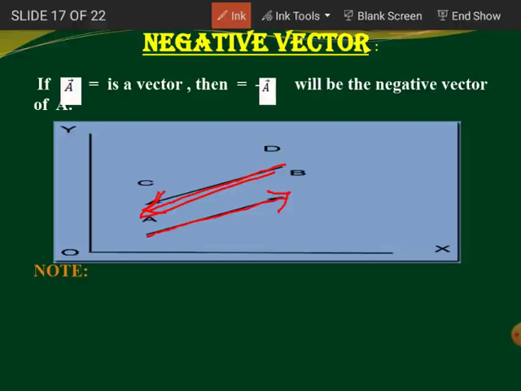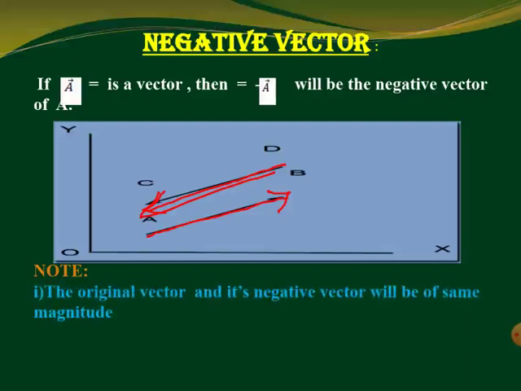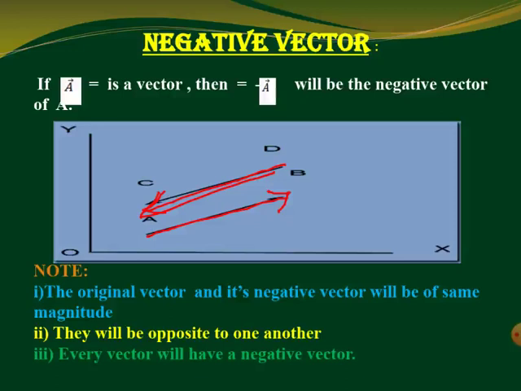That will give you the negative of this given vector, right? So what are the properties? The original vector and its negative vector will be of the same magnitude, as I said, but the direction will be opposite to each other. Yes, every vector can have a negative vector, with the same magnitude and opposite in direction, right?